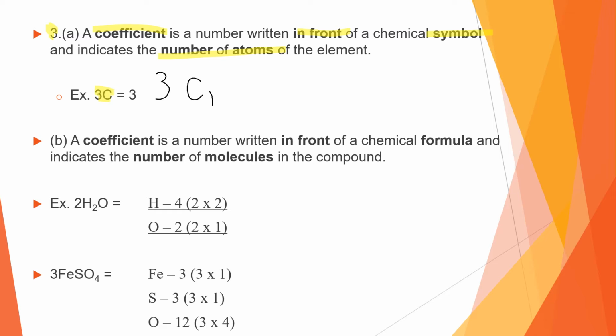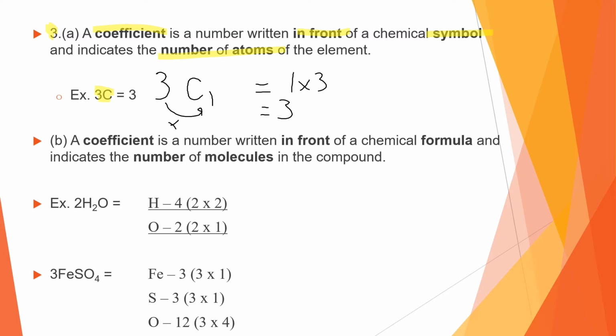Then we have this coefficient of 3 in front. To get the number of atoms, you take the subscript, which in this case is really 1, and multiply it by the coefficient. So this is 1 times 3, which gives us our answer of 3.